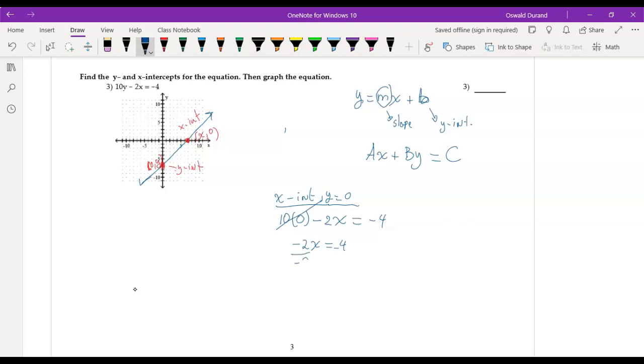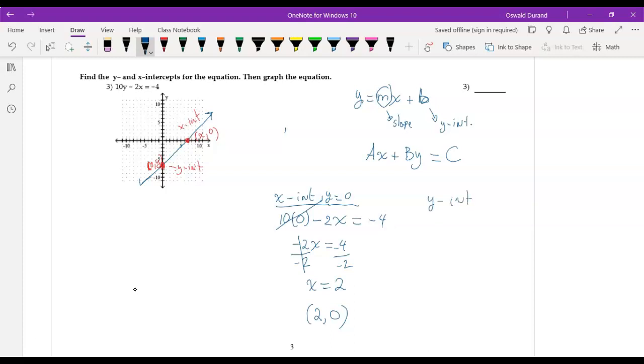Divide by negative 2, and x equals 2. That means my x-intercept is at the ordered pair (2, 0).